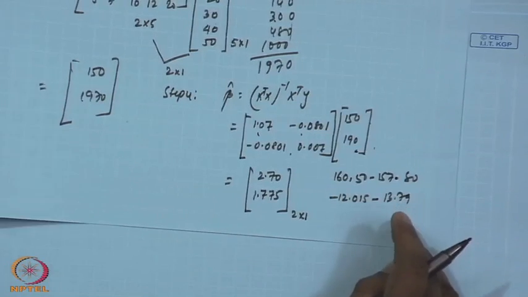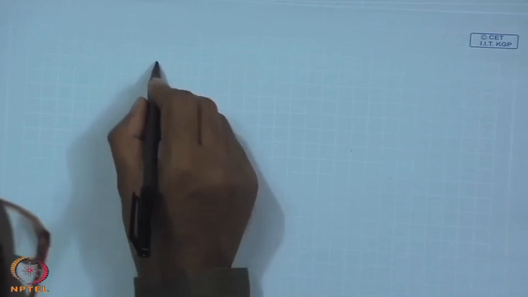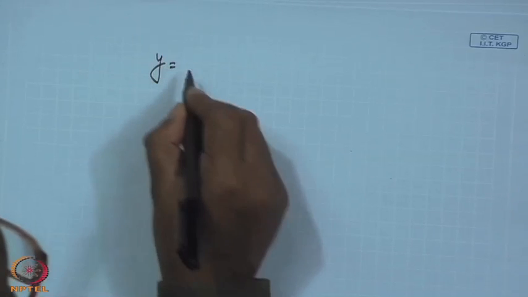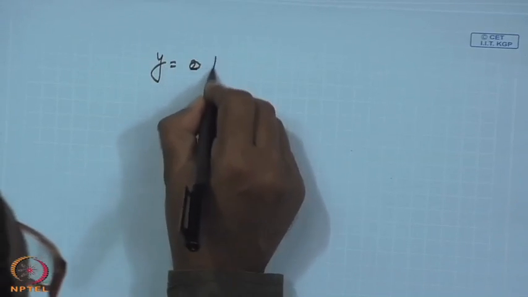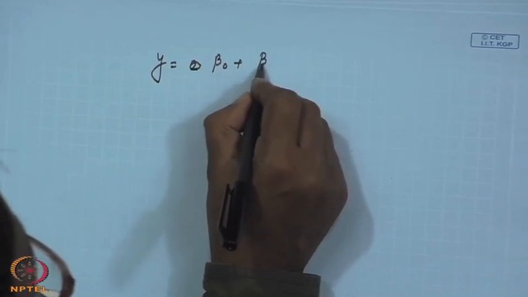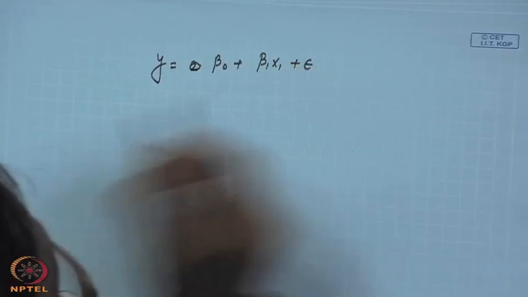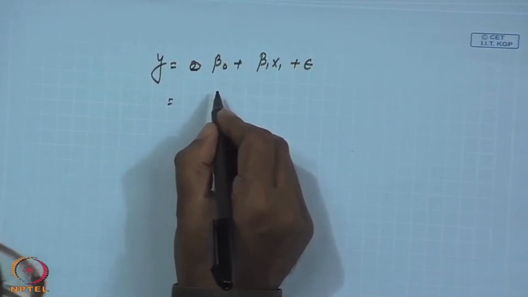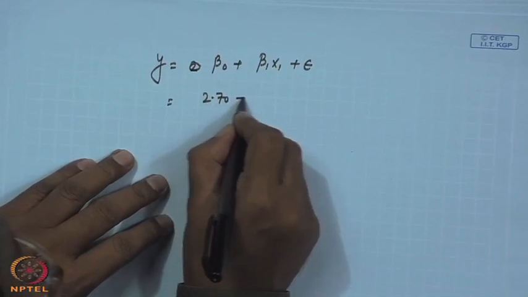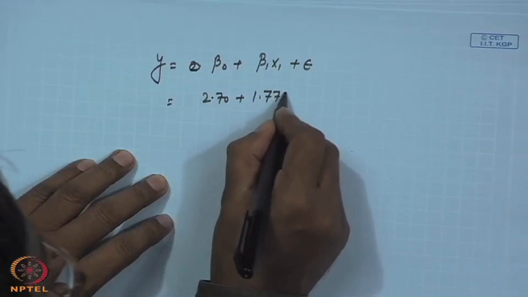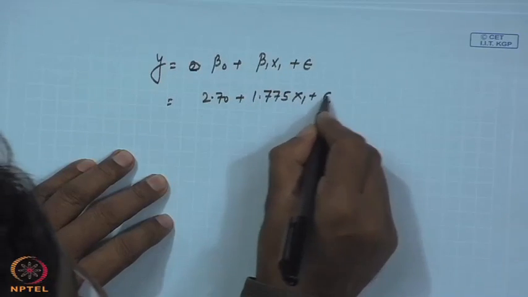Okay. If this is the case, my regression equation is now y equal to beta 0 plus beta 1 x1 plus epsilon, equal to 2.70 plus 1.775 x1 plus epsilon.